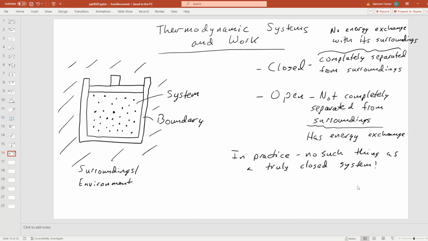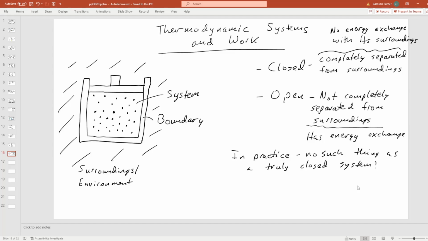So an open system is the general rule, although a closed system can be well approximated in many circumstances and is highly desirable, especially when you're trying to make careful measurements on how, if I change the volume of my gas, its pressure and temperature respond. I want to have that sealed off from the environment as much as possible to make those measurements.